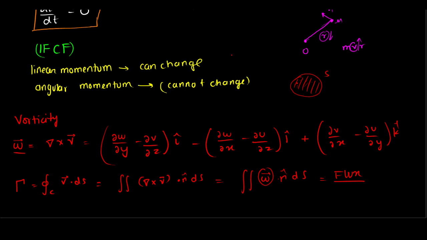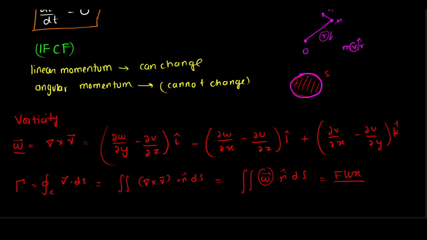So the main difference between circulation and vorticity is that circulation gives you an idea about how the system is rotating over a larger region, a macroscopic region. You have to integrate around a curve to get the circulation inside or around that curve.